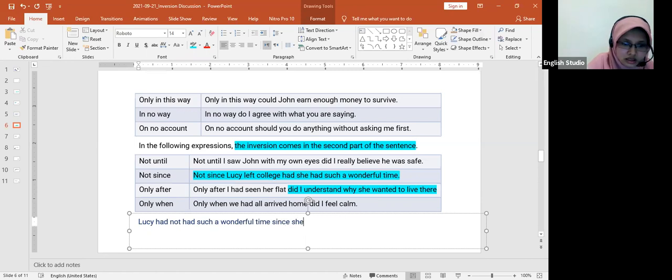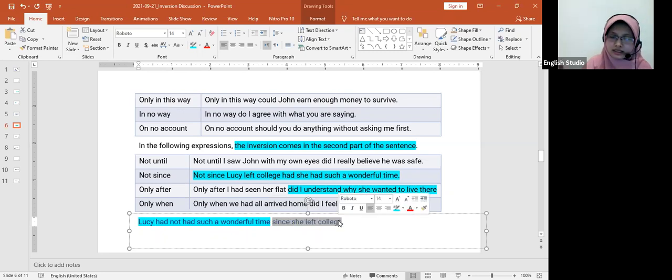since she left college. Jadi when we use present perfect tense, ya guys, ini yang bagian present perfect-nya, past perfect tense-nya ininya, ya. Okay, this one. And then this is the information about the time, ya. Sejak dia meninggalkan kampus. Setelah since, ya, itu biasanya memang pakai past tense, guys.